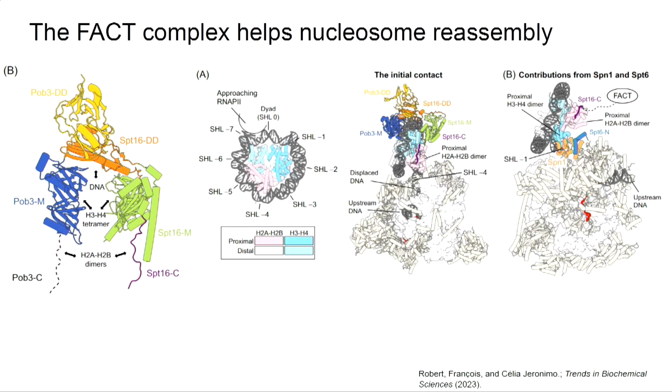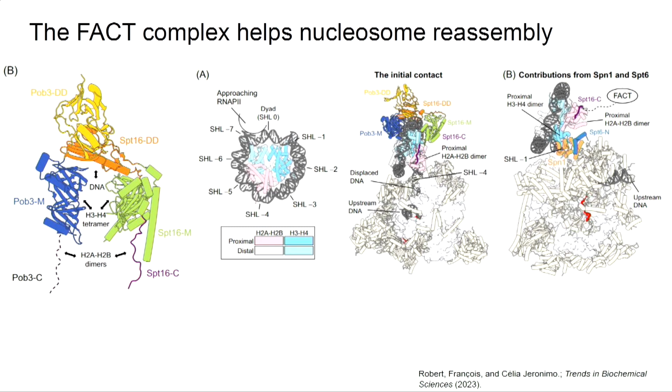This helical thing here is the DNA, and this extra thing here, the FACT complex, is binding the unwound histone complexes. When the DNA is coiled around the histones, the FACT complex can't make contacts with this, so the polymerase has to be there.